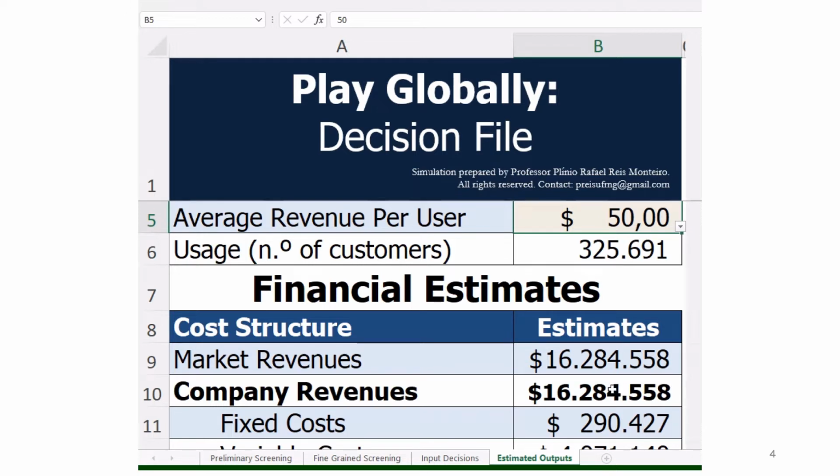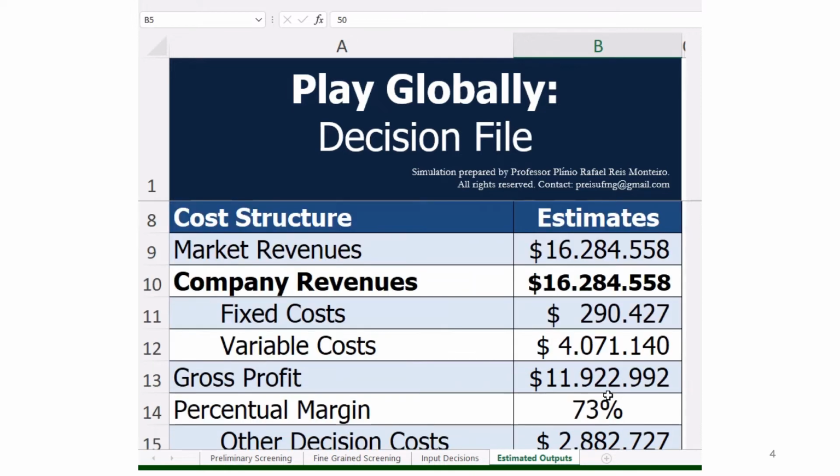And since you don't have any intermediary like a franchising or exporter, all of these market revenues will become your company revenues. In that case, your fixed cost will be this amount, and the variable costs for selling our products will be this amount. So the total cost of your products is basically the sum of these two.